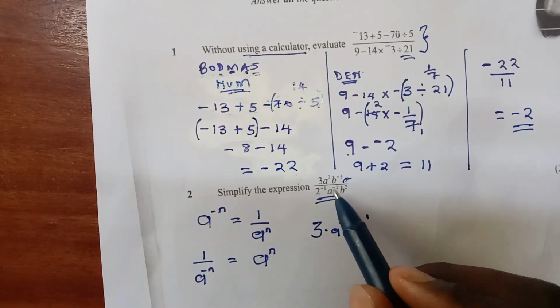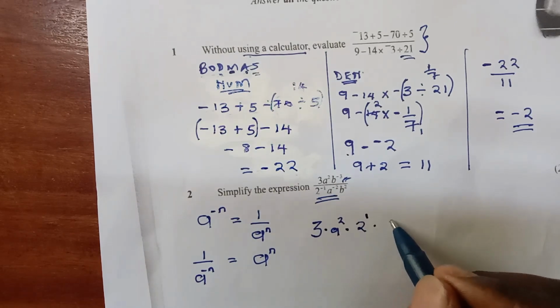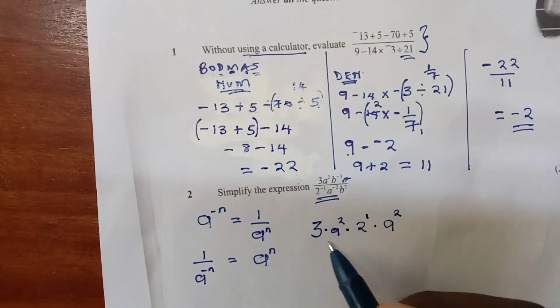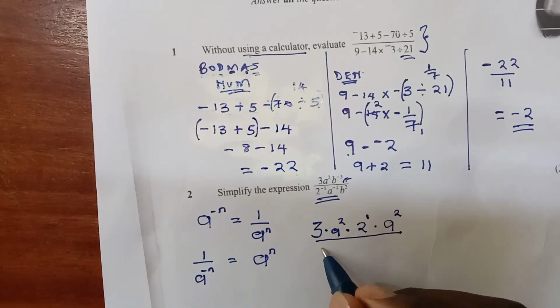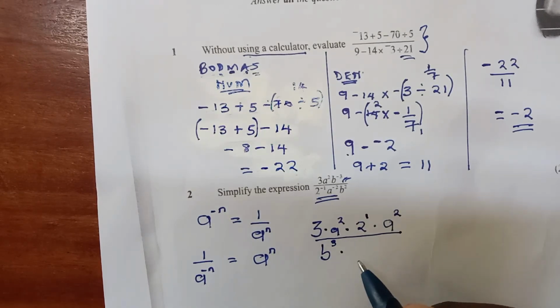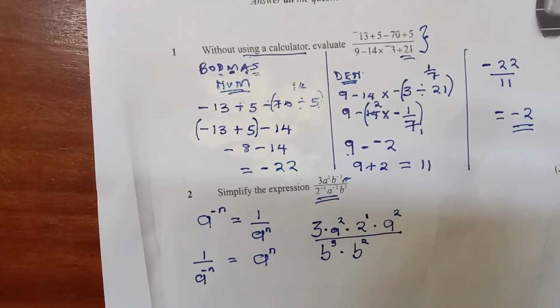Then a raised to the power of negative 2 comes to the numerator multiplied by a raised to the power of 2 over, we had b raised to the power of 3 in the numerator, so it becomes to the denominator, which becomes b raised to the power of 3 multiplied by b raised to the power of 2.